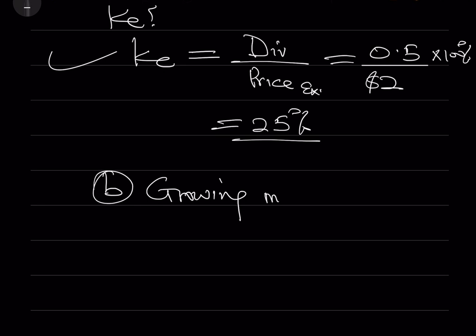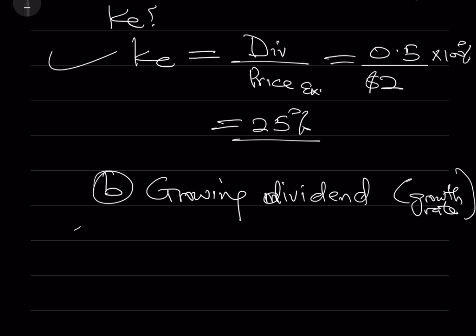So when you have a growing dividend, which means there's a growth rate which you will need for this one because dividend is growing, dividend is not constant. So in your financial management paper, is that you have a constant dividend or you have a growing dividend, and dividend is assumed to be growing at a constant rate.